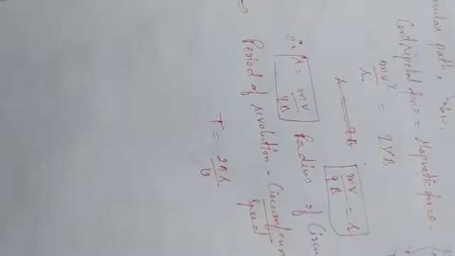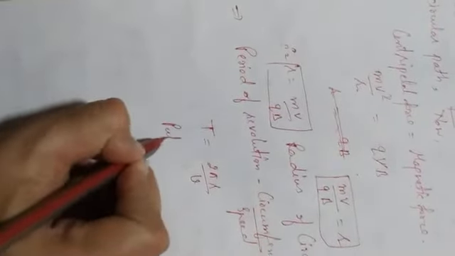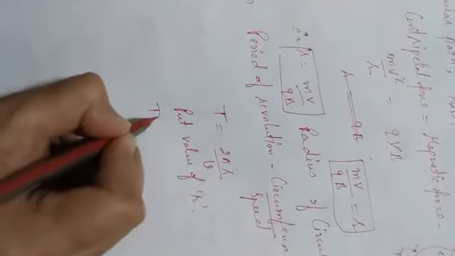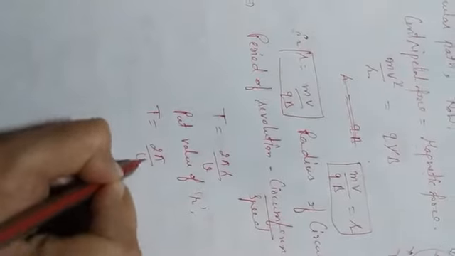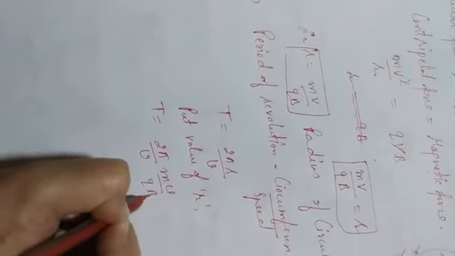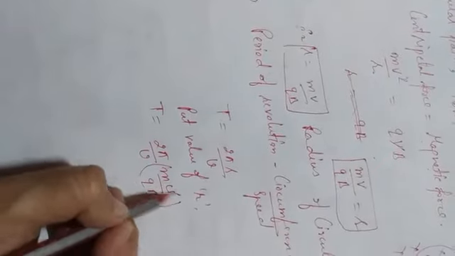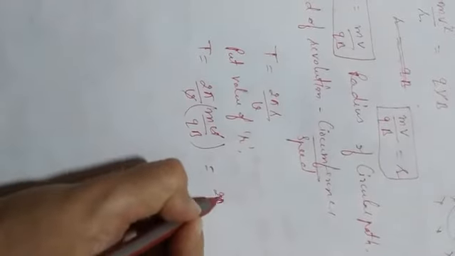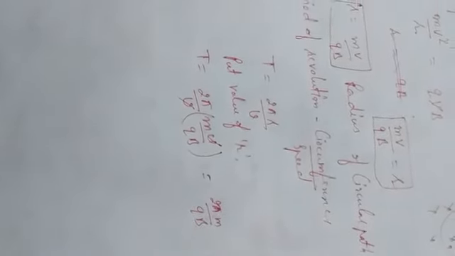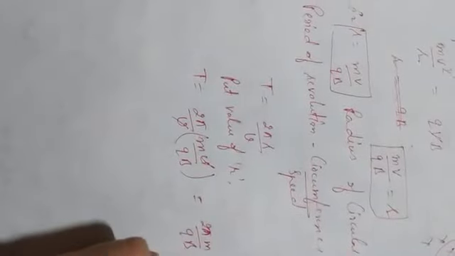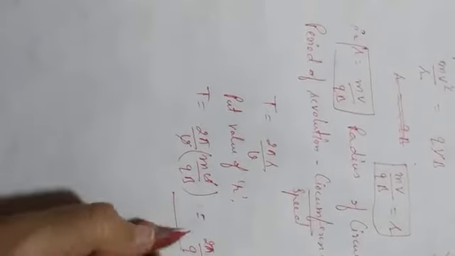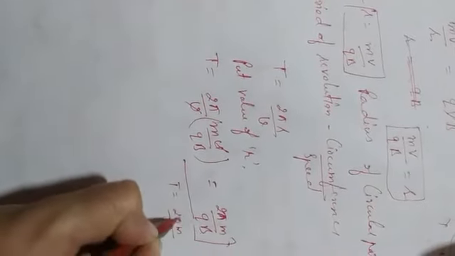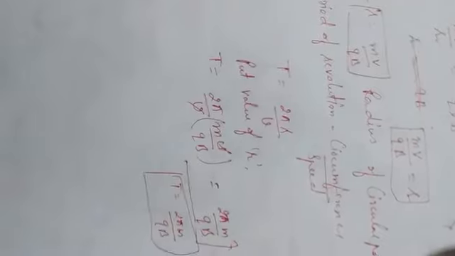Now from here we can put the value of r, now T we can write as 2 pi by v, mv by qb. From here v cancels out, now here left 2 pi m by qb. This is our time of revolution. So we can write T equal to 2 pi m by qb, time of revolution.